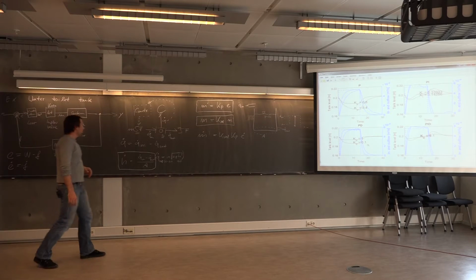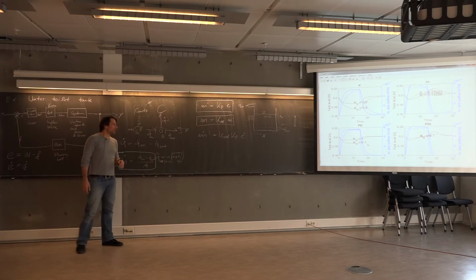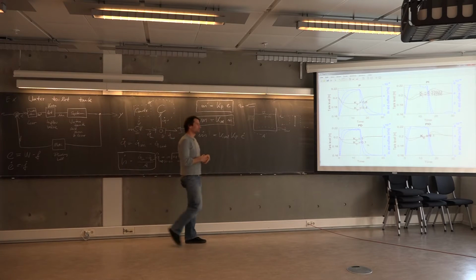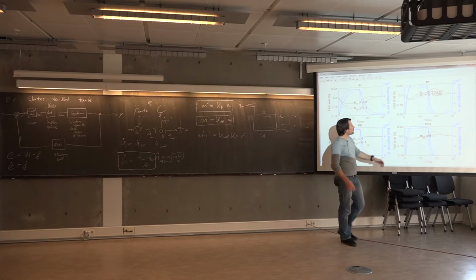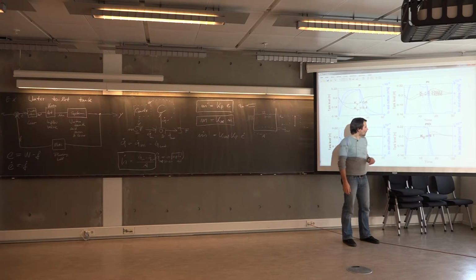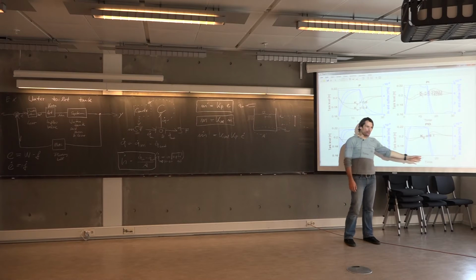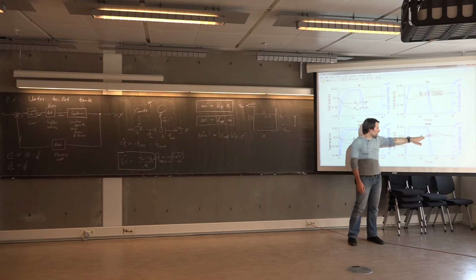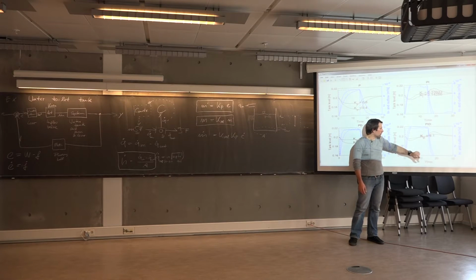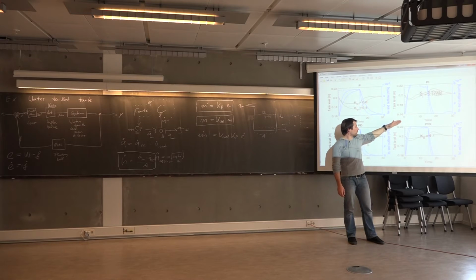Now, in this example with the water toilet tank, this PID controller is not really doing anything better than, for instance, this PI. Because within the time frame and for the given numerical values, we reach some sort of steady state at a little bit more than 15 seconds in both cases.